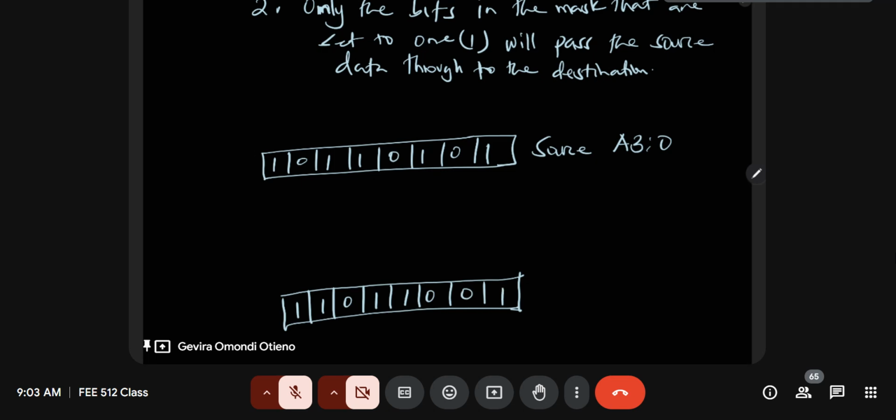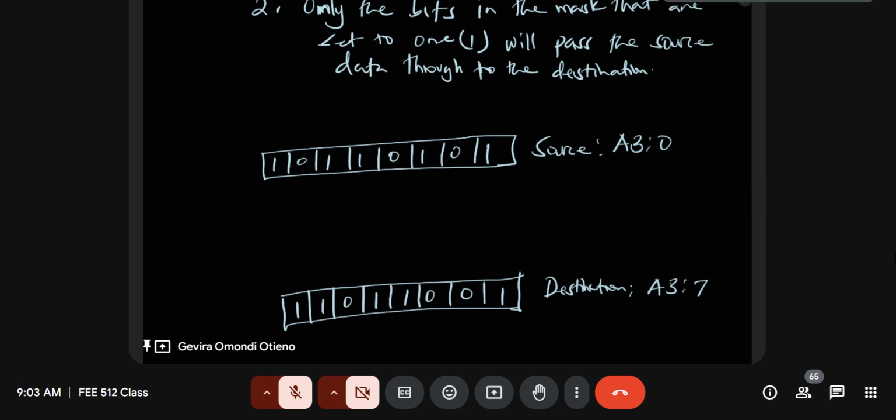Something like that. That's the destination information. Let me call this destination. Remember, we are looking at how to implement a masked move. Let me call this A37. It's just an arbitrary address.